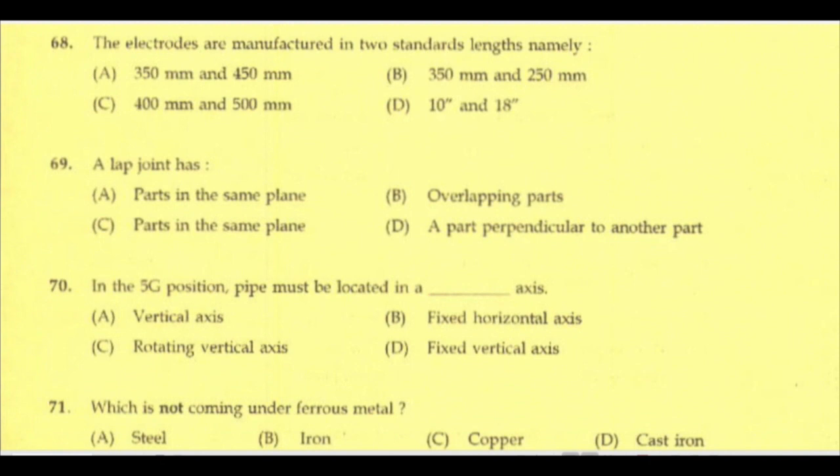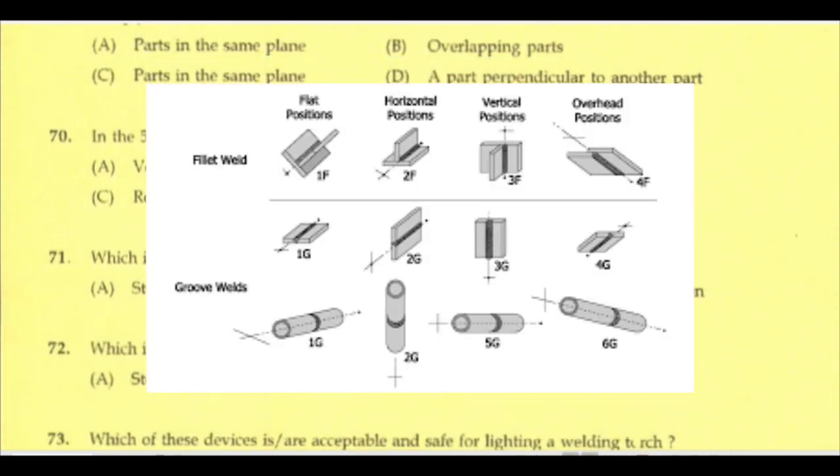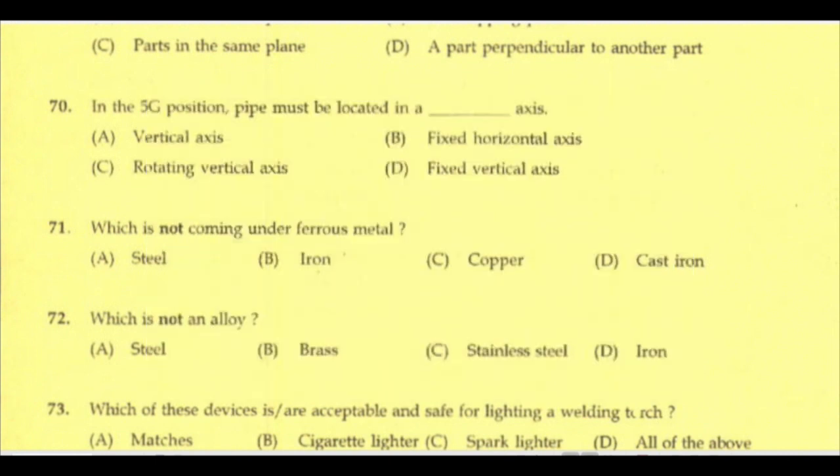In the 5G position, pipe must be located in a fixed horizontal axis. Which is not coming under ferrous metal? Out of this, copper is not under ferrous metal.